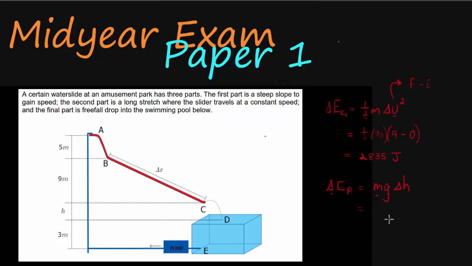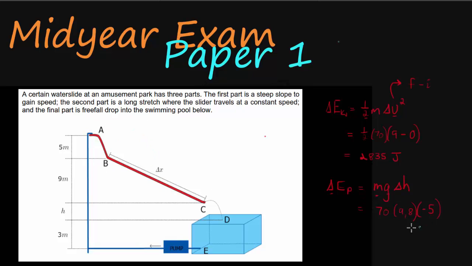So the first value is mass is 70 kgs. Gravitational constant is 9,8, and then the height change is 5. He's losing 5 meters. So the vertical drop, okay, first bottom slope, here's all the information.